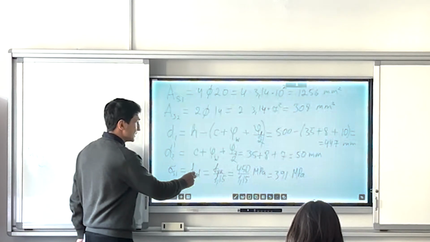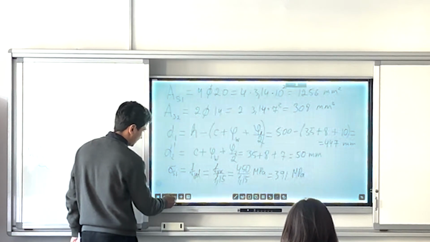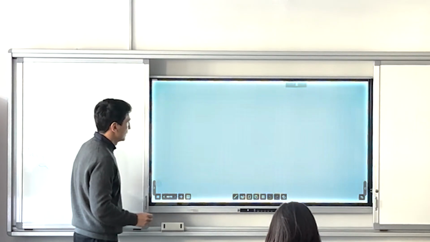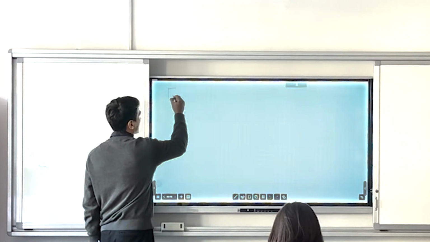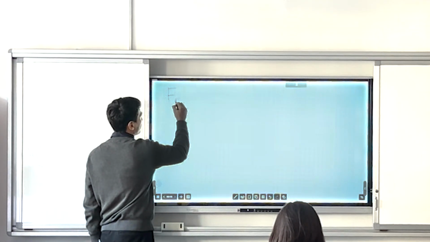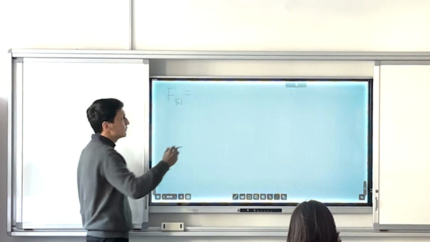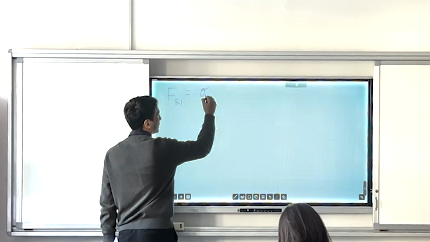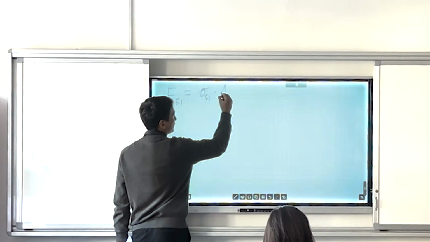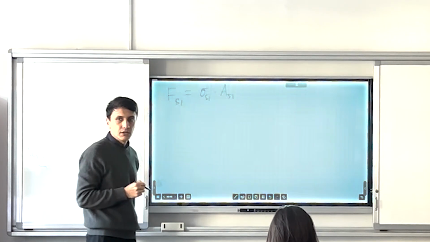So we found the stress for the bottom rebar. Now, I'm going to find the force at the bottom rebar, Fs1. Force at the bottom rebar will be equal to the stress, sigma S1, multiplied by the area of the S1, which is area of the bottom rebar.